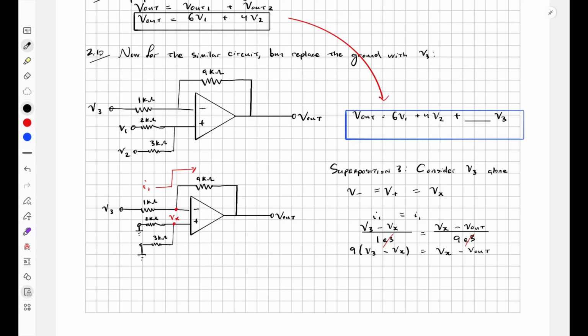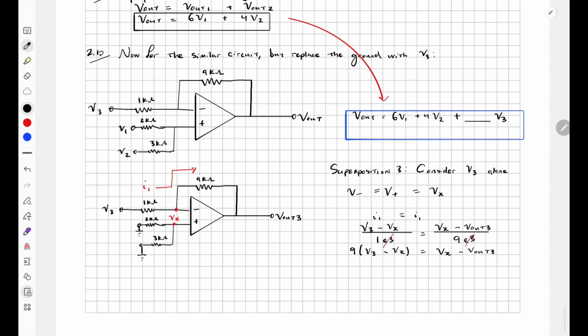Now, actually, I forgot to mention again, we're considering the superposition case of V3 alone. So we call this V out, which is V3, V out 3. I'm going to call it V out 3 so we don't get confused later.